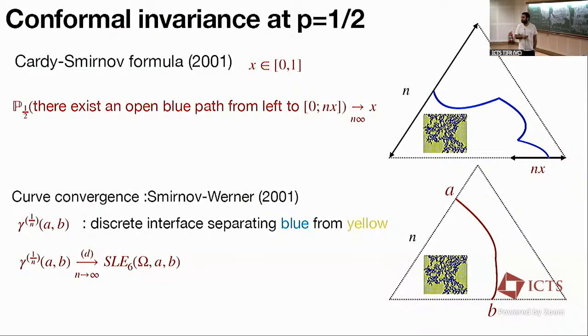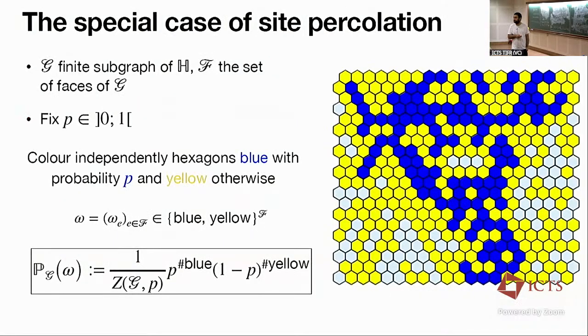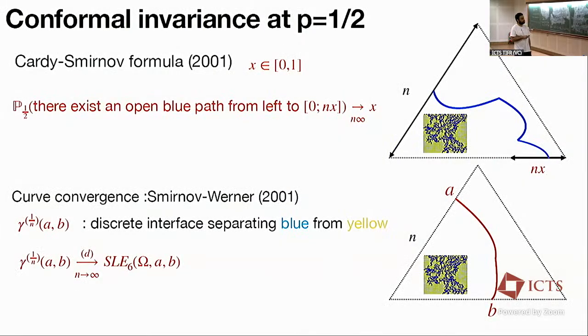You can do it in more complicated domains and connect boundaries to boundaries, but that means there is a very nice formula that you can guess for the probability of a specific random path arriving at a specific region. And you can even do better.